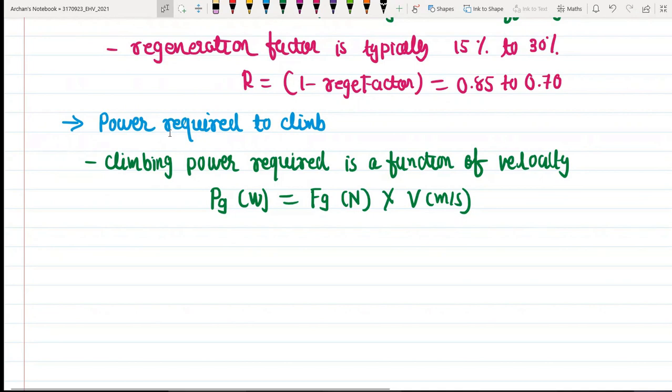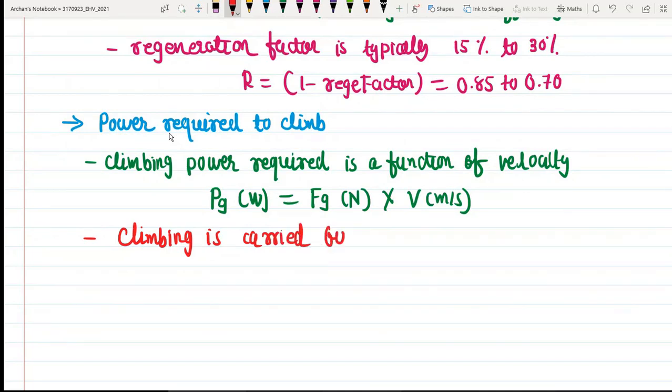And generally when we talk about climbing, this climbing is always carried out at lower speed. You have also ridden a vehicle, and whenever you are climbing up a grade, you may observe that we are using the lowest speed. So this is the general tendency: climbing is carried out at lower speed.